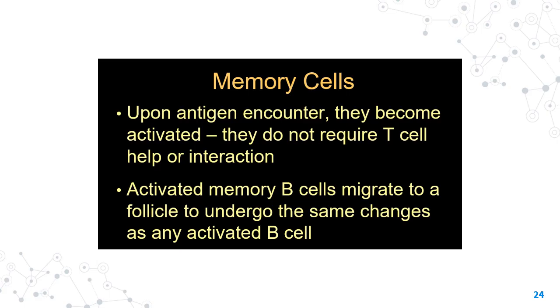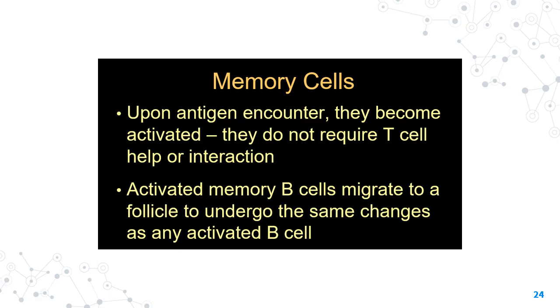Okay. All right. So once you activate your memory cell, what does it do? Well, it also goes to the follicle to see if it can become better. You already have memory cells. You're always going to have some memory cells. But once it gets activated again, it goes to the follicle and it says, can I make an even better antigen receptor? Can I have a better B cell receptor? Can I be stronger? Can I be more effective?